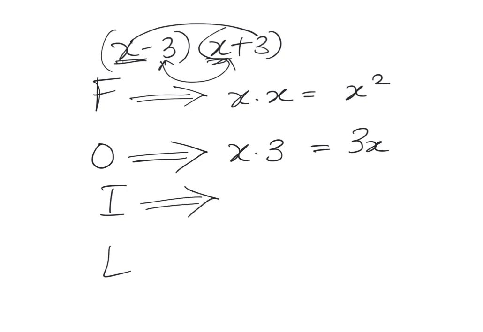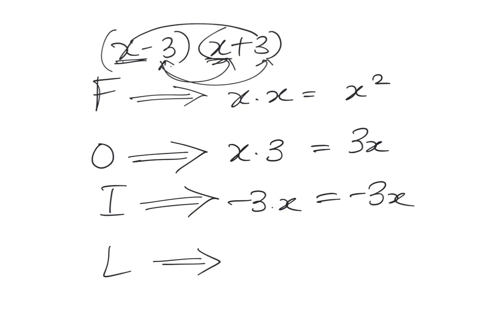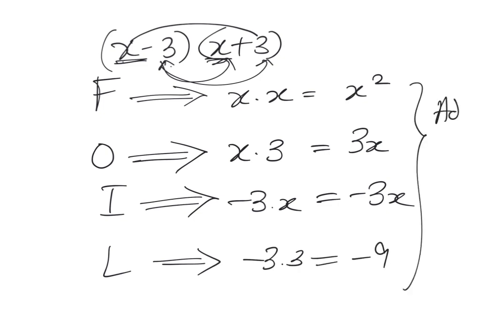And then we have the inner terms: negative 3 times x, which is negative 3x. And the last terms, negative 3 times 3, equals negative 9. So now we have to add like terms. Remember, like terms are variables in the same power. First, they have to be the same variable, and then they have to be in the same power.